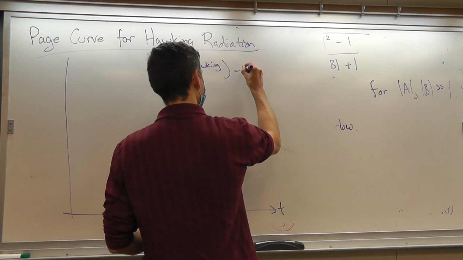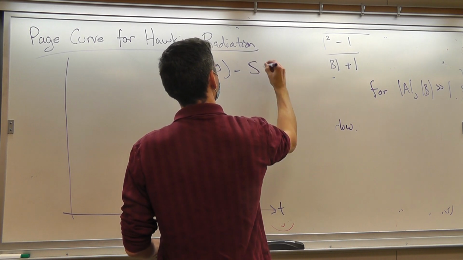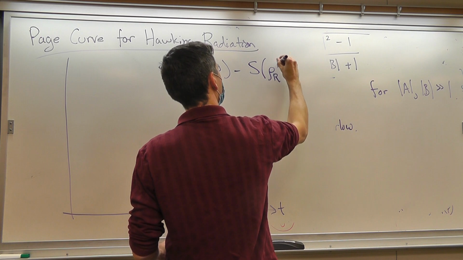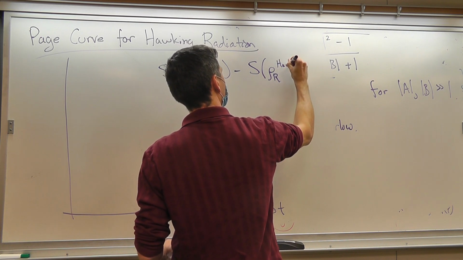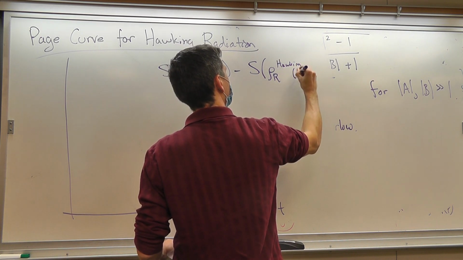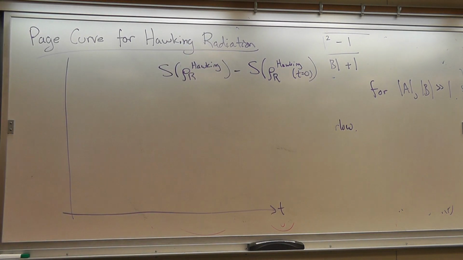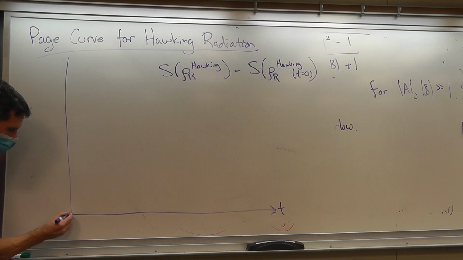So what I'm going to plot is I'm going to subtract off the UV divergence by just subtracting off the value of the von Neumann entropy at time 0 for this region R. So it starts at 0, and to very good approximation, it's just going to be the thermodynamic entropy of the Hawking radiation itself, which is in a thermal state.